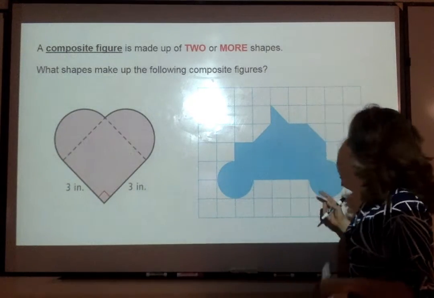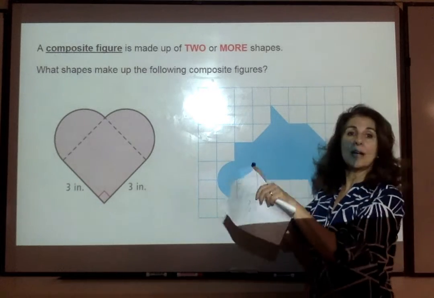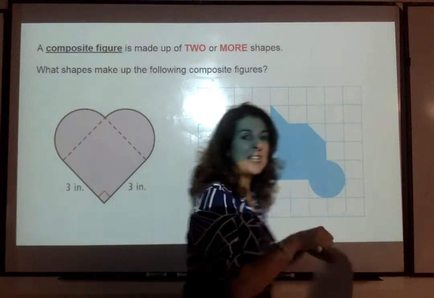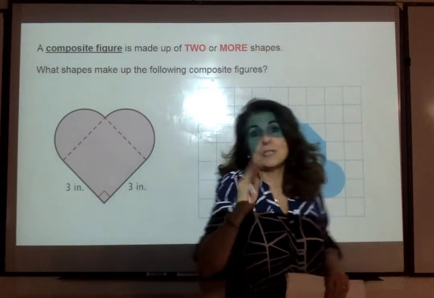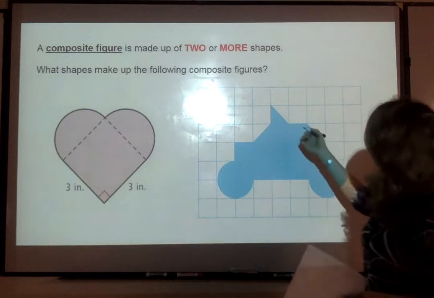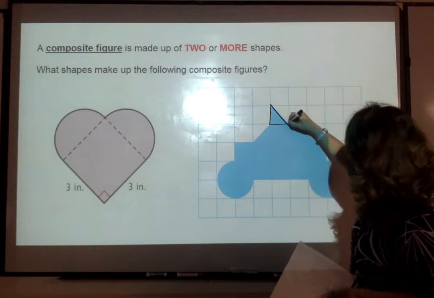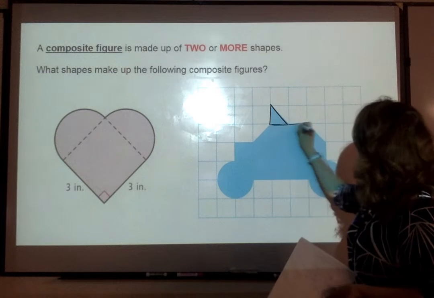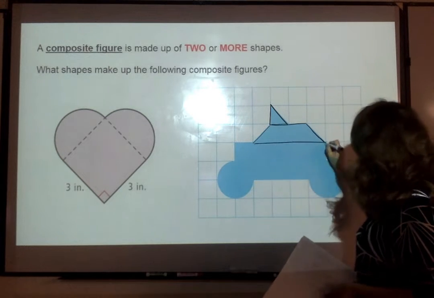Now this one here, which I really cannot make up what it is. If it is a car that I'm driving going that way, or if it is a motorcycle that I am riding going that way. You choose, I'll let you choose what this is. But the shapes here are a triangle. Look, I have a triangle right here. I have a trapezoid right here.